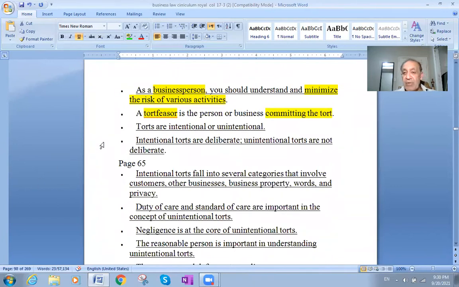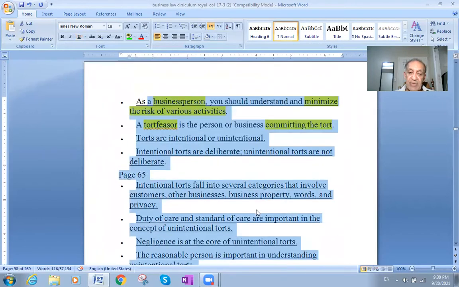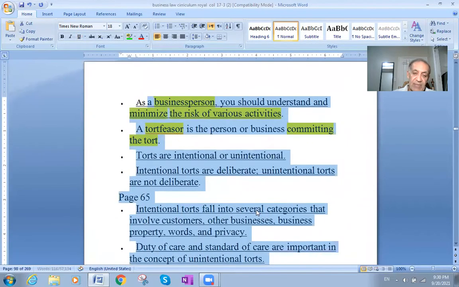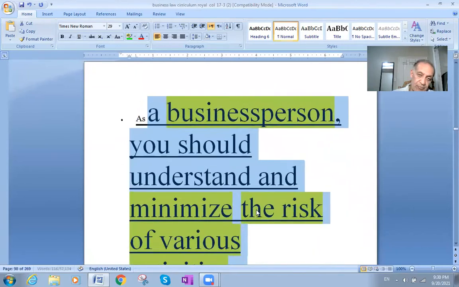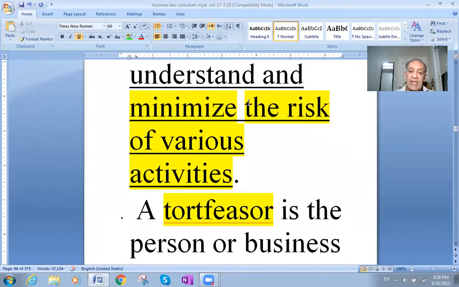Always when we deal with risk, as a business person, you should understand it, so let us see this point together because it's very important. As a business person, you should understand and minimize the risk of various activities.